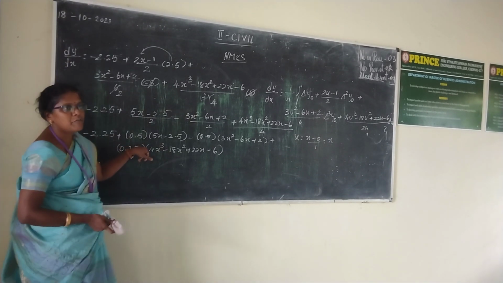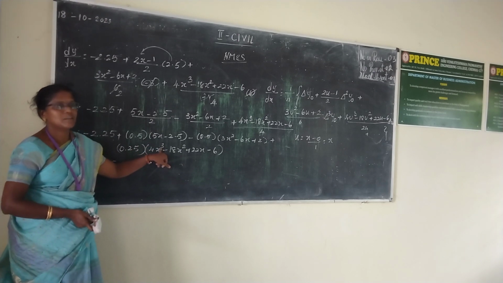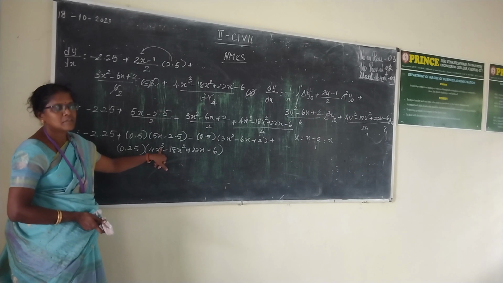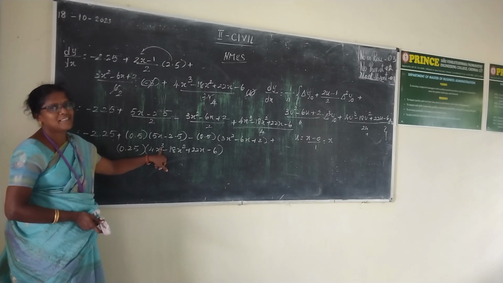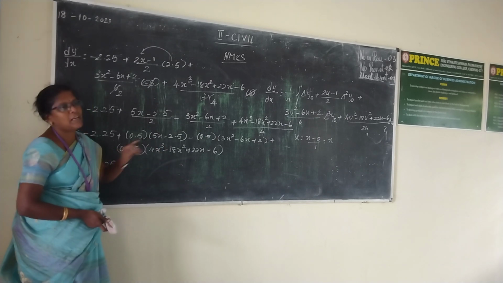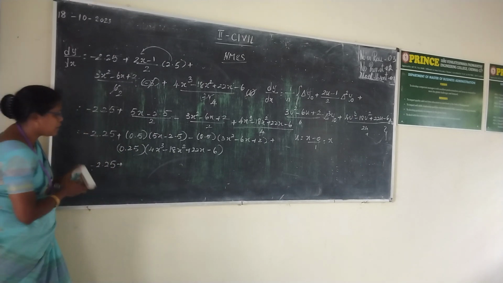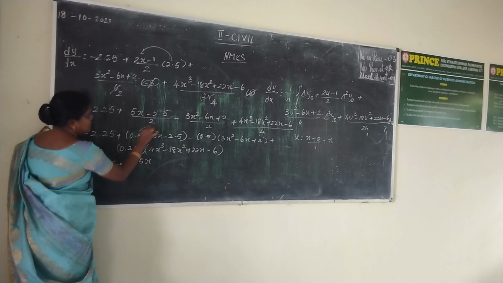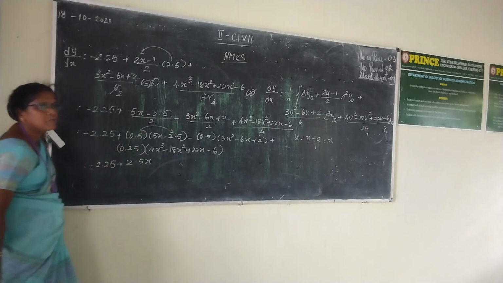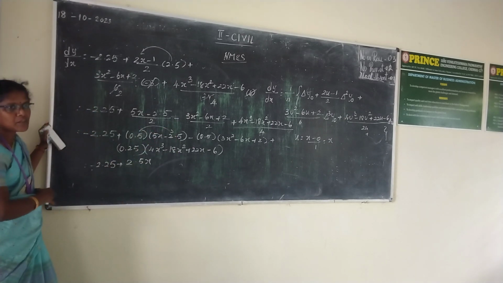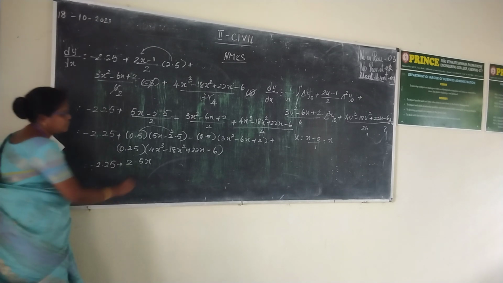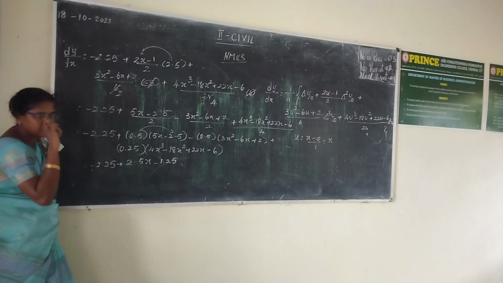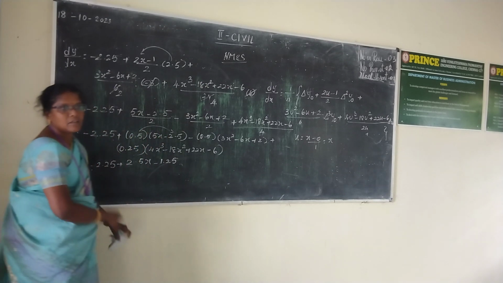So what is 0.5 into 5? 0.5 into 5. Ordinary multiplication. 2.5. You will get this to be 2.5x. Next, 0.5 into 2.5. So minus 1.25, because there is in between a negative sign. Okay, well.